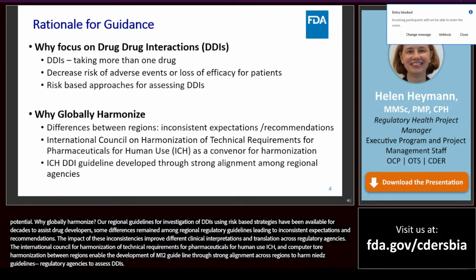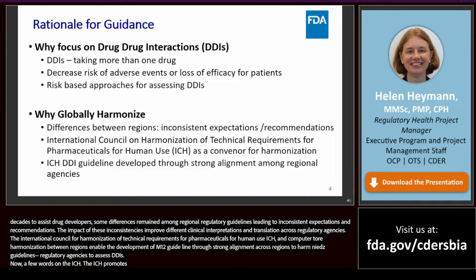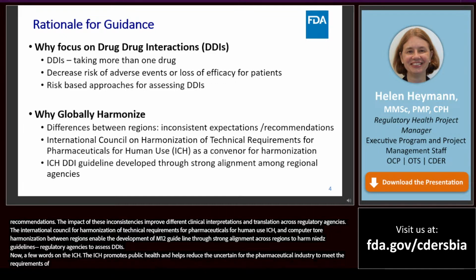Now a few words on the ICH. The ICH promotes public health and helps reduce the uncertainty for the pharmaceutical industry to meet the requirements of multiple regulatory agencies, thereby leading to more efficient use of resources, reducing drug development costs, and making treatments available to patients earlier.